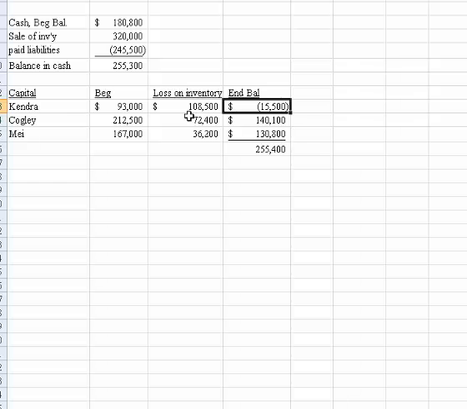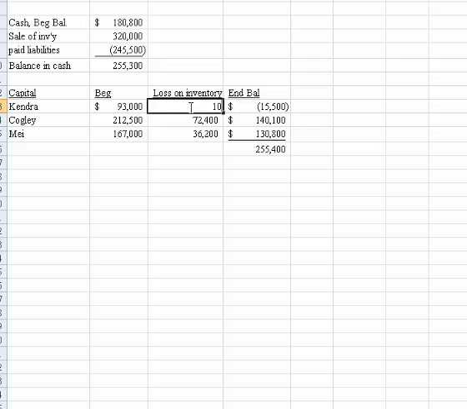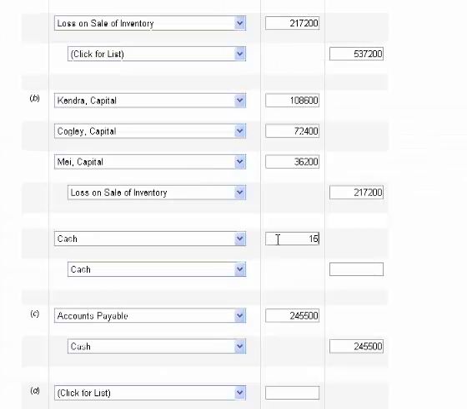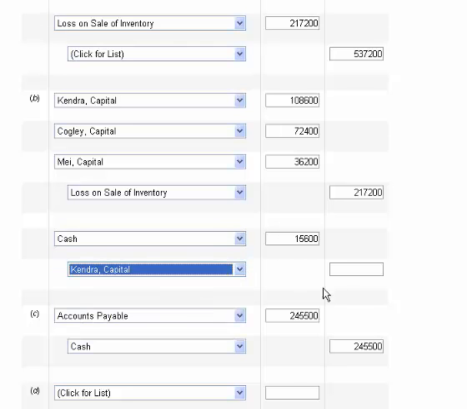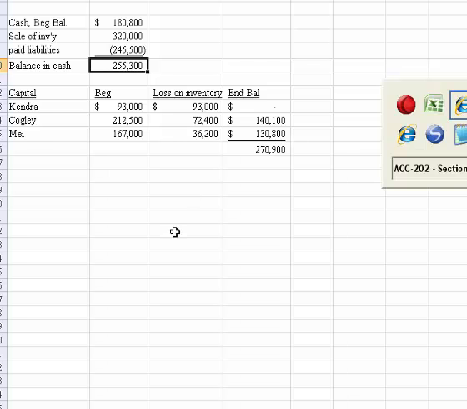I think I've calculated that wrong. I think it should be 15.6. Kendra's 108,600, so 15.6 of that has to be accounted for. And how we would account for that is we would put 15.6 back into cash and take it from Kendra. Once we do that, Kendra's loss only becomes the 93,000. And we've got 270,900 versus the 255,300 of cash.